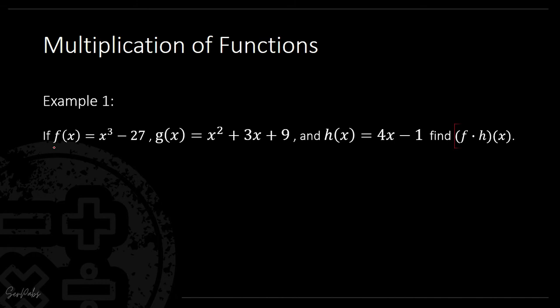Find f times h of x. So in this given example, meron tayong tatlong given functions, pero i-consider lang natin si f of x at saka si h of x. So pass muna yung g of x, dahil yun lang naman ang hinihingi ng ating given.